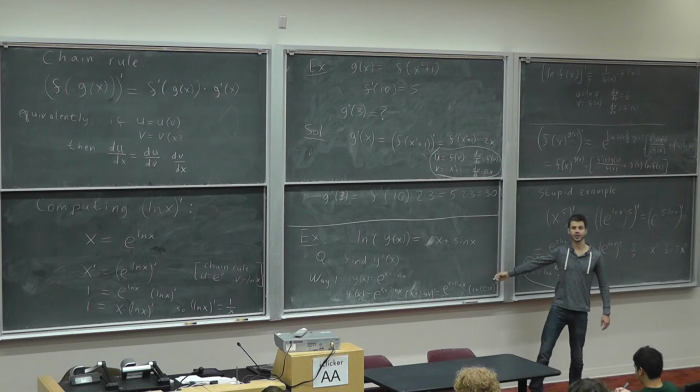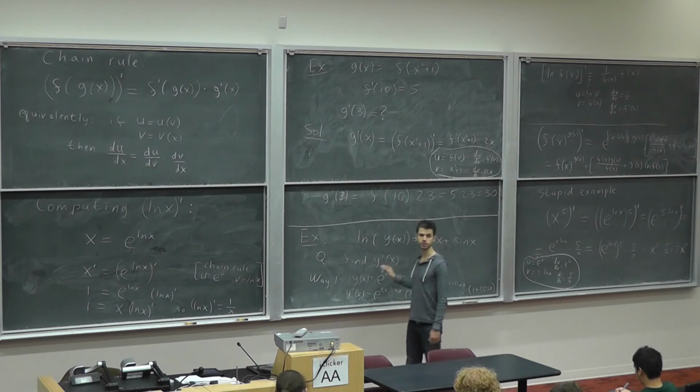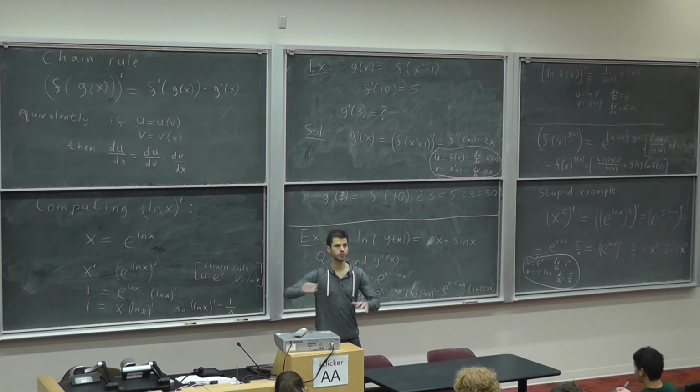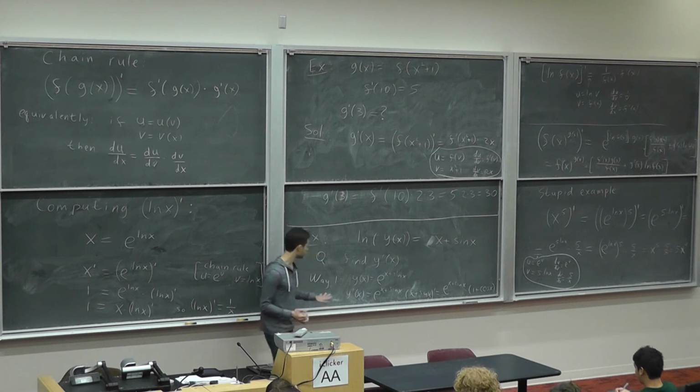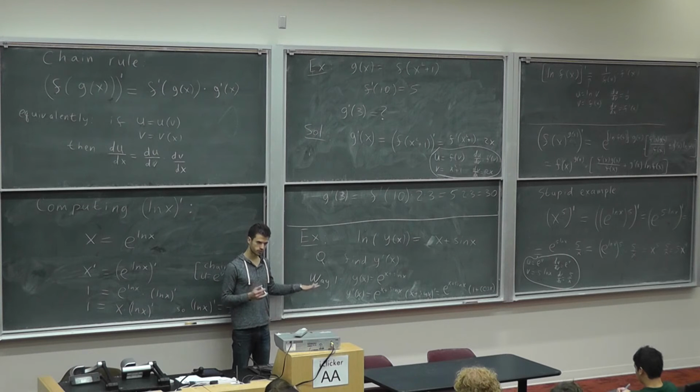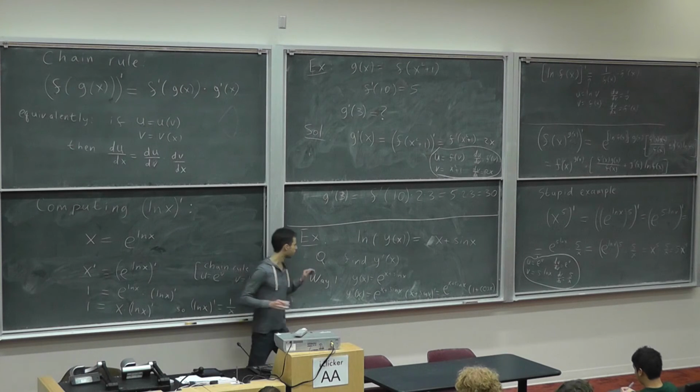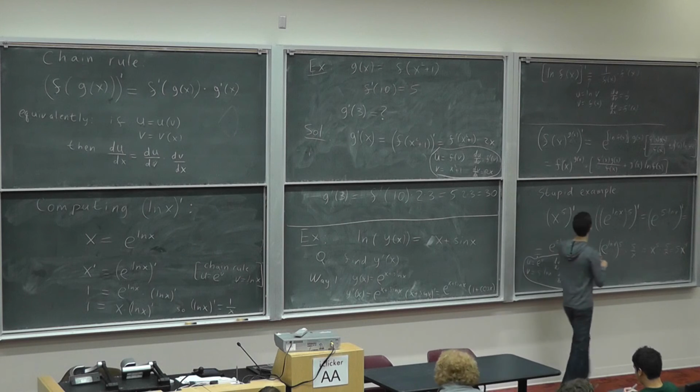So that would be one way. You start with the expression for logarithm of y, find what y is, and differentiate. This way is okay. In this particular example, it's not very complicated and gives you the answer. I want to show you an alternative way.